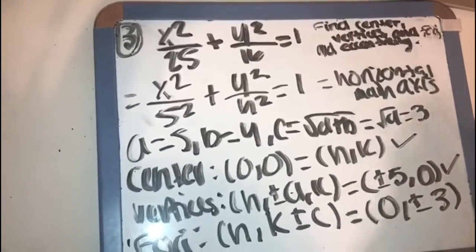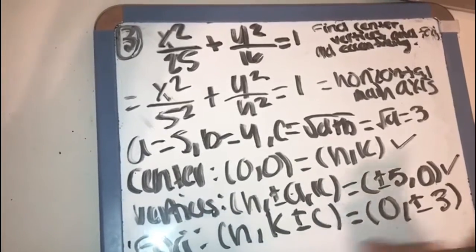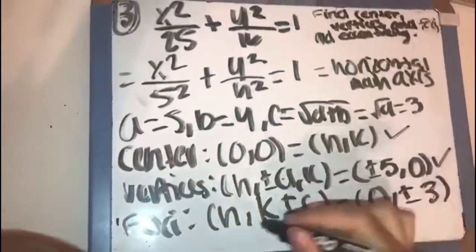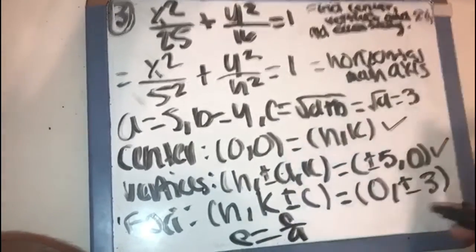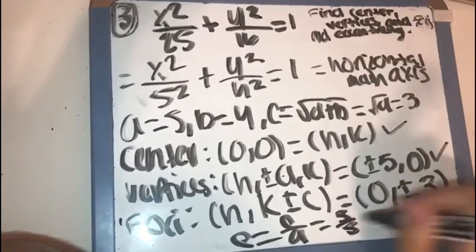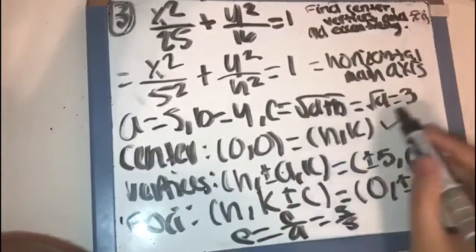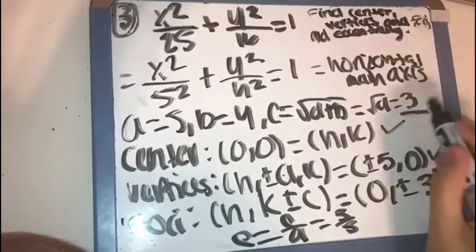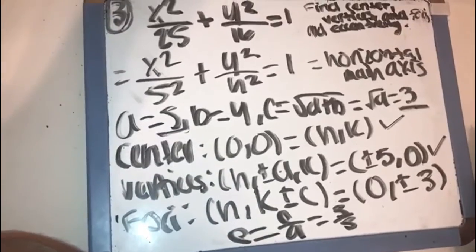Now the eccentricity. The eccentricity formula is e equals c over a, and as you think about here, it's 3 fifths, because 3 is c and a is 5, so it'd be 3 over 5. This is what you basically find.